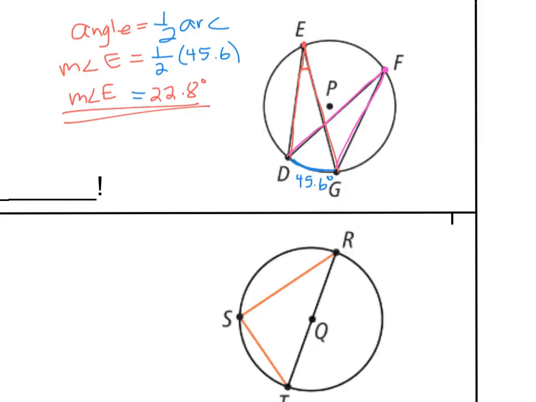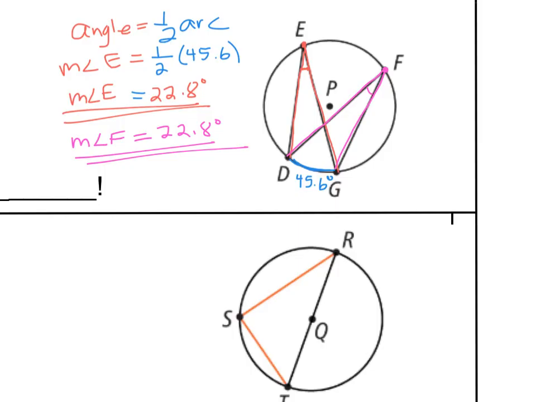So by definition, that angle should be the same as angle E because they intercept the same arc. It's also 22.8 degrees. Do you see how that matches up on the picture? So angles E and F would be the same measure.